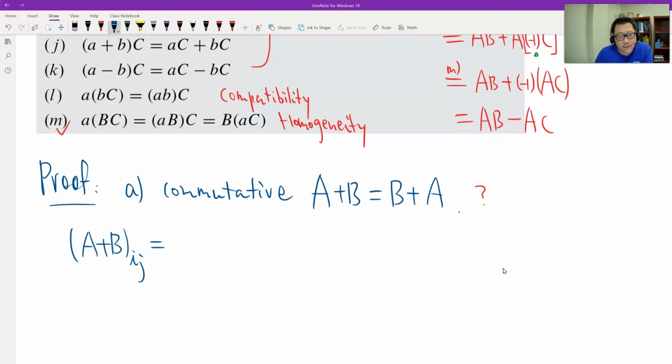Suppose the general entry for A is Aij. Therefore this should be Aij plus Bij, right?